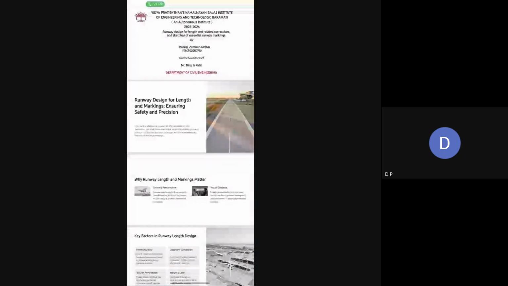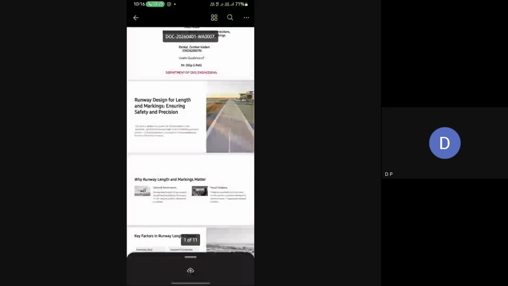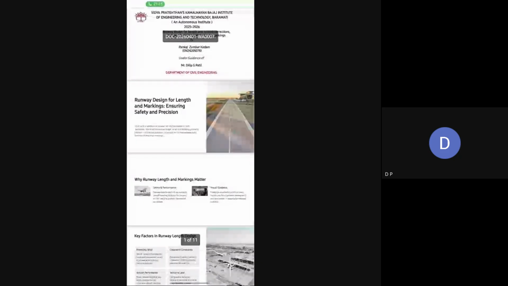Sir, good morning, sir. Good morning, everyone. My name is Pankaj Umbarkar. My topic is runway design for lane and related correction and features of essential runway marking. Runway design for lane and marking. Ensure safety and precaution.